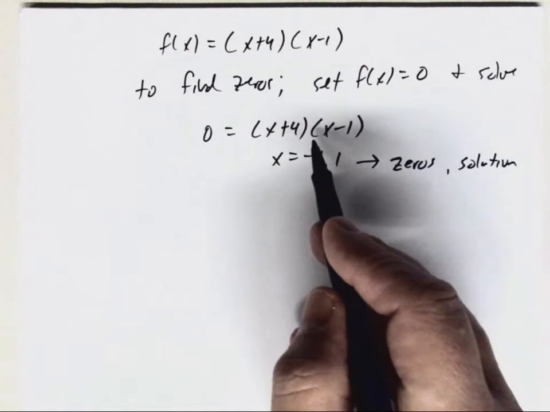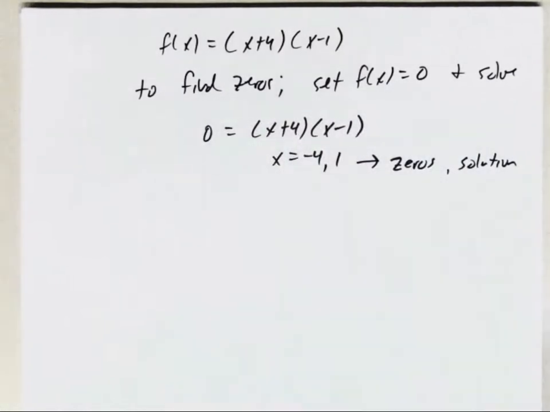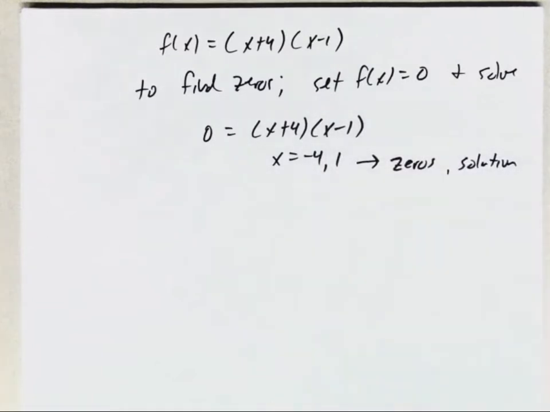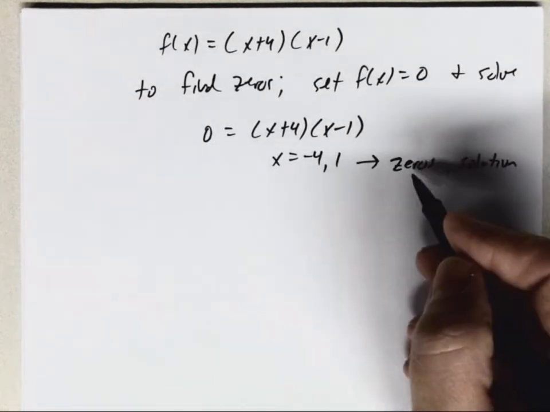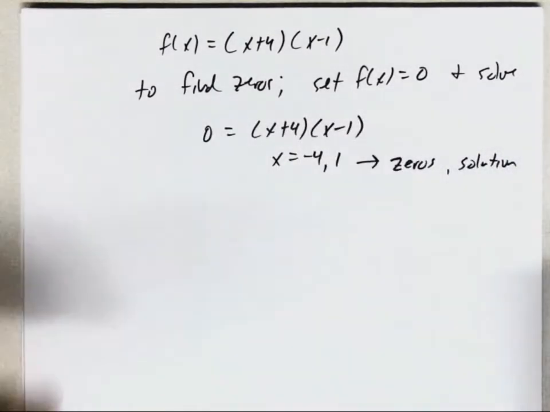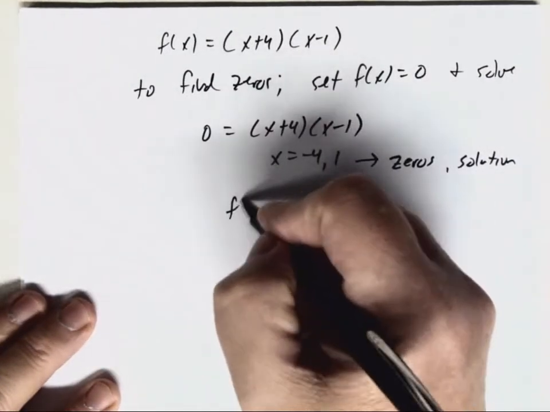Once you set your function equal to 0, you can solve it, and when you solve it, your solutions are basically the zeros. Now what's interesting is the zeros are the values of x that cause the function to be 0.